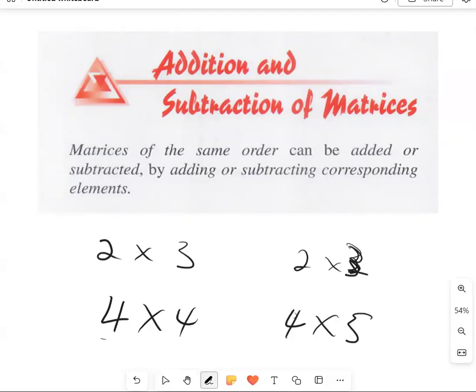If you have a 4 by 4, what happens to the fifth column? What are you going to add to that? So for two matrices to be added, they have to be of the same order. If you have a 4 by 4 here, this one has to be a 4 by 4. Or the other way around. If this is a 4 by 5, this has to be a 4 by 5.